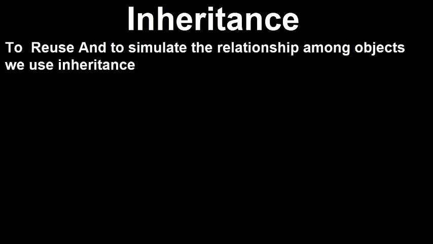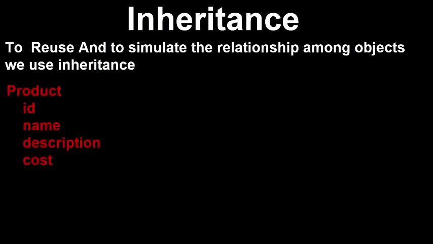So this is how we secure our data. Another feature of OOPS is inheritance. Inheritance is a mechanism wherein one class is allowed to inherit the features or properties of another class. For example, say we have a class product with attributes ID, name, description, cost. Now we have two more classes, that is book and CD.